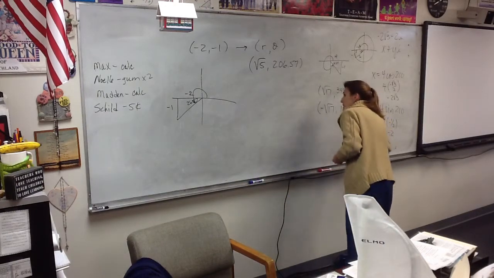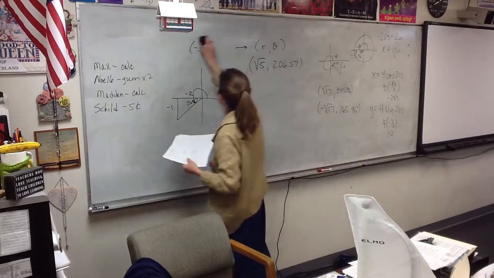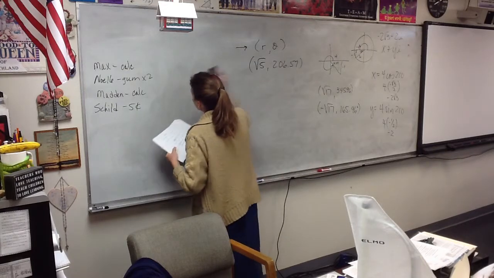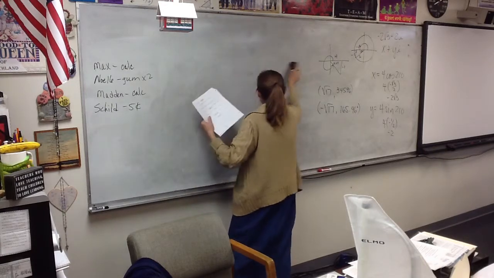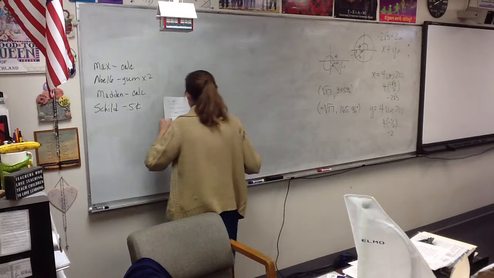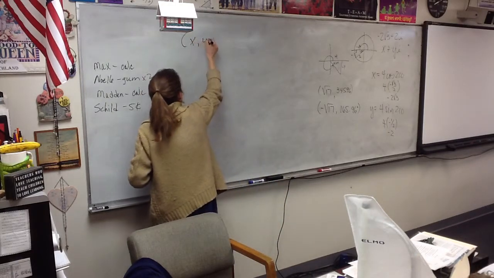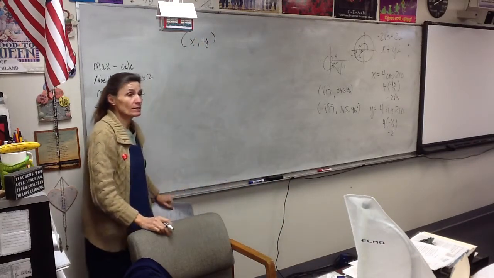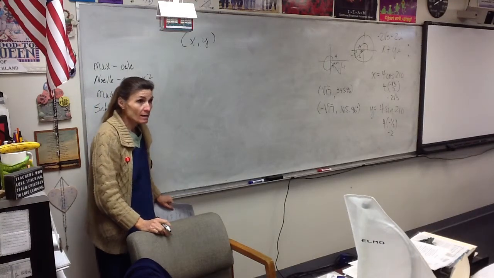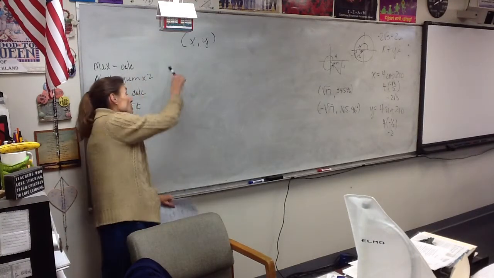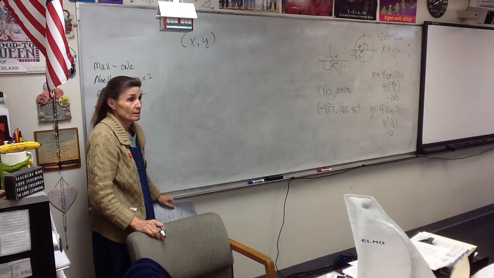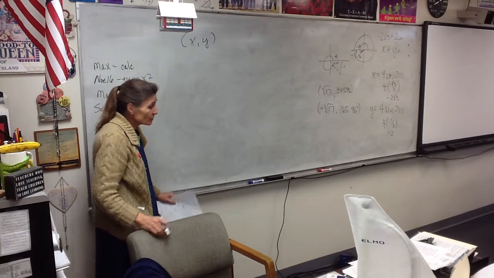Number 4 is basically the same question, except it says rectangular coordinates. So that means I'm answering with x, y, an ordered pair. But I'm going to do it the same way.